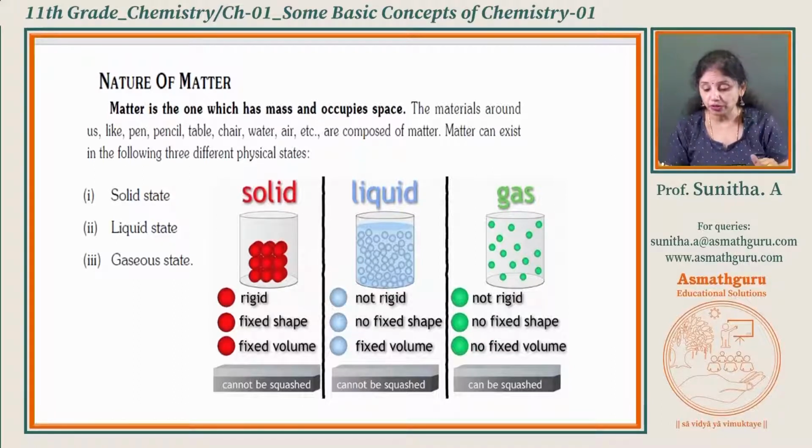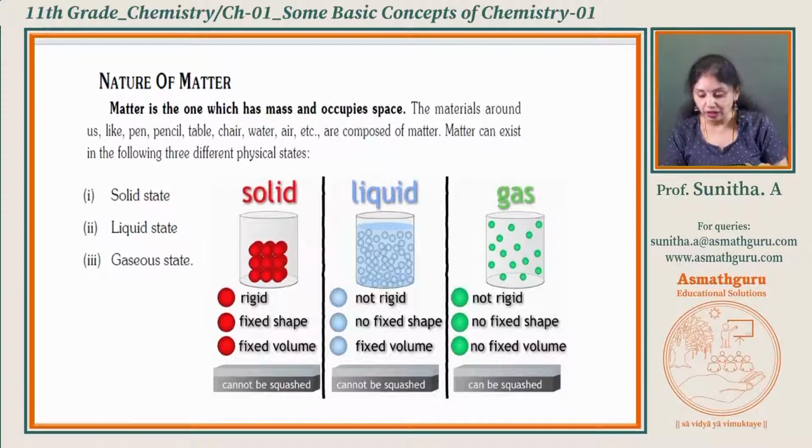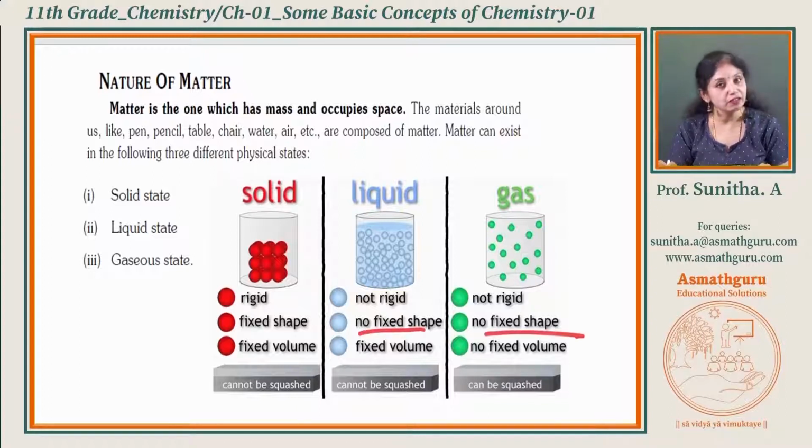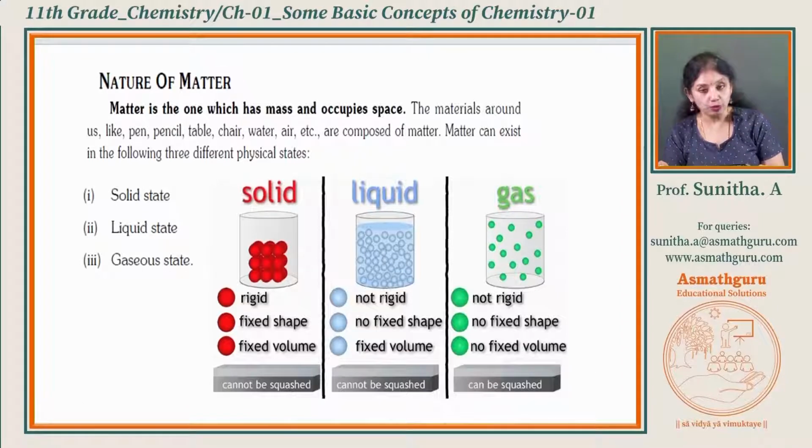That's the important point. So when we are talking about the solid, liquid and gaseous states, you will understand that there is no fixed shape for liquids and gases. There is no fixed volume for gases, but solids and liquids have a fixed volume.